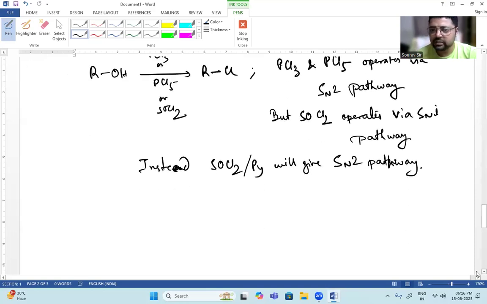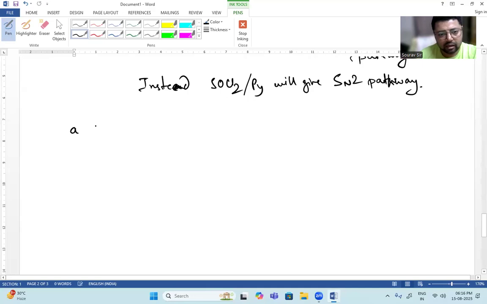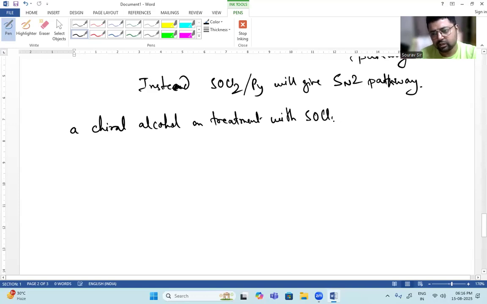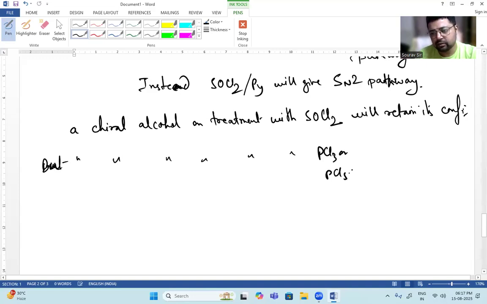So what is the basic difference between this? A chiral alcohol on treatment with SOCl2 will retain its configuration, but a chiral alcohol on treatment with PCl3 or PCl5 will change its configuration.